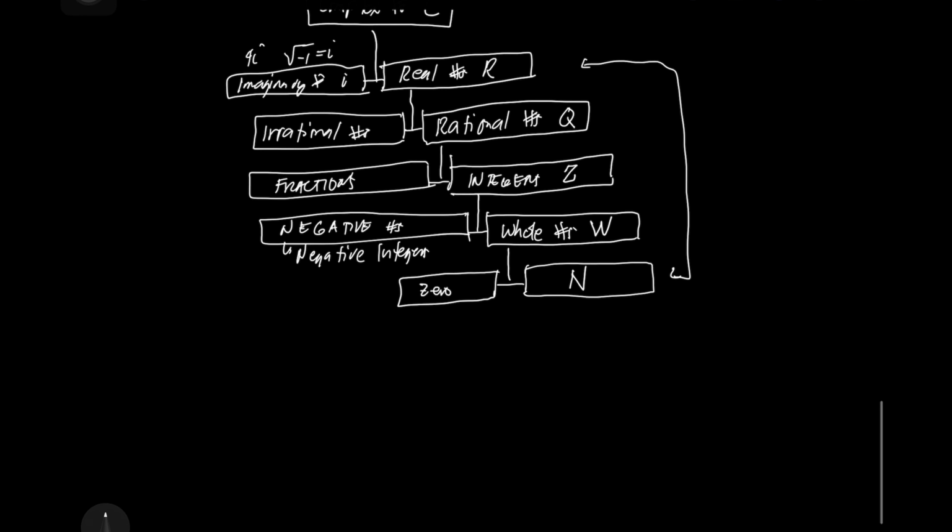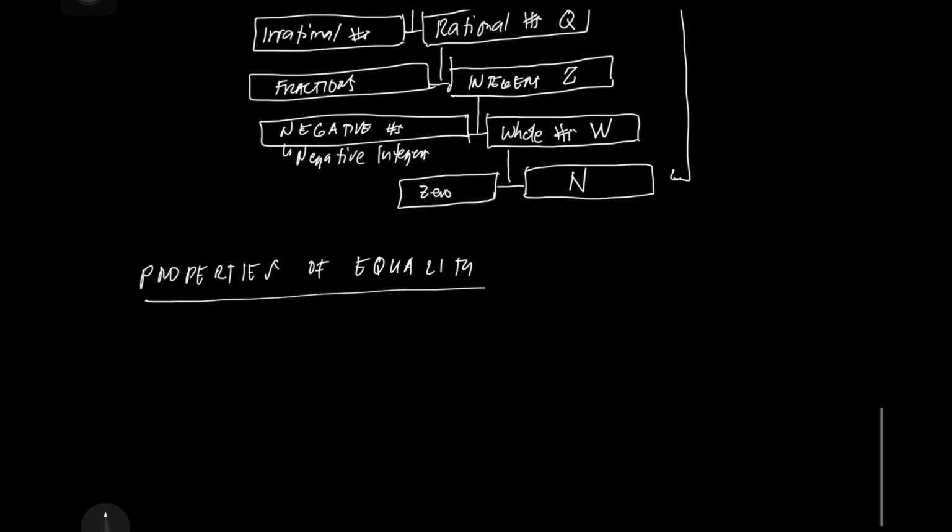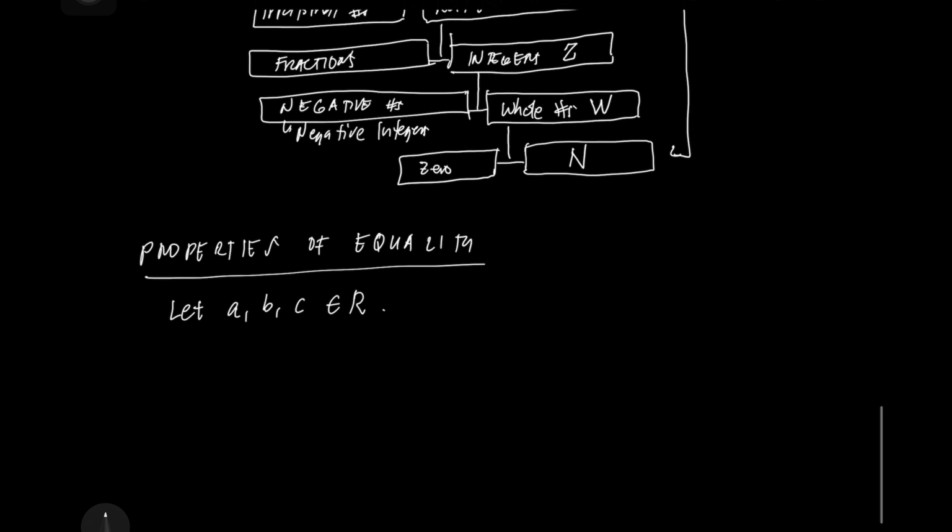So again, going back to the properties of equality of real numbers. What are the properties? This is still a review from your previous mathematics. Properties of real numbers. Let A, B, and C be real numbers.